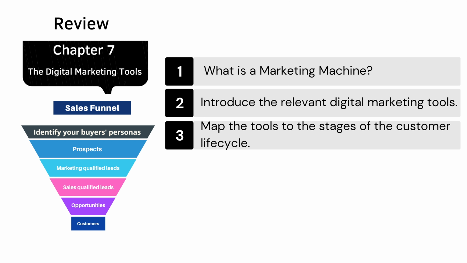The last chapter was somewhat of a lighter chapter because we introduced you to the digital marketing tools for each of the 4 stages of the customer life cycle. And we talked about the importance of having a marketing machine for your business. Within that marketing machine, when it functions properly, when it's designed properly, it should take from one side what we refer to as prospects and give you from the other side delighted customers.